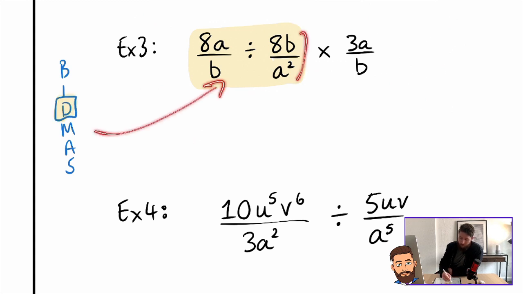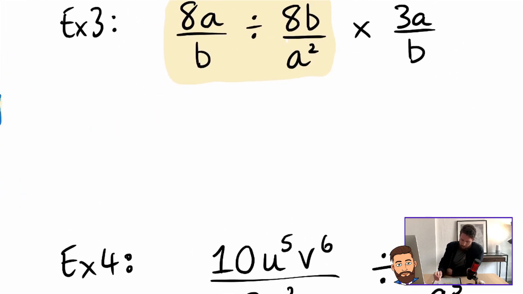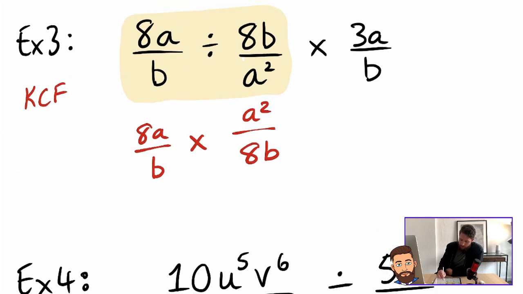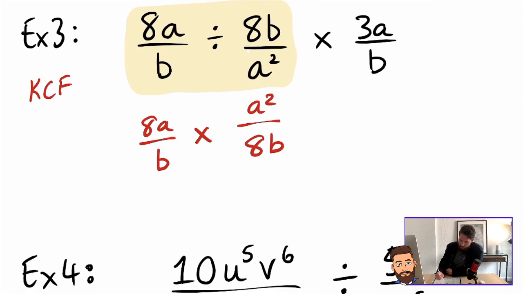So we're going to focus on the division first. So if we do that, what do we end up with? We end up with 8a over b times by, remember, KCF, keep, change, flip. We're going to do the reciprocal of this last fraction, which would be a squared over 8b. And then we've still got the times by 3a over b.